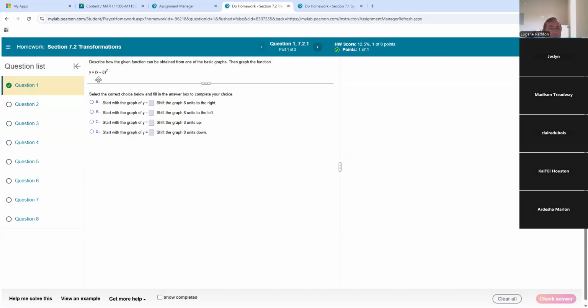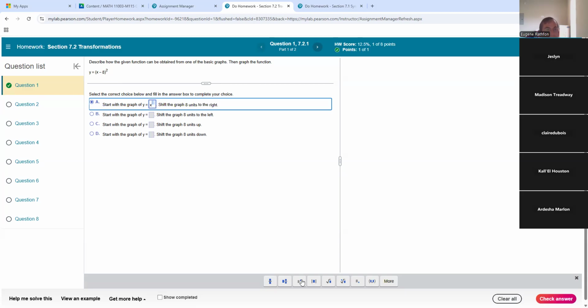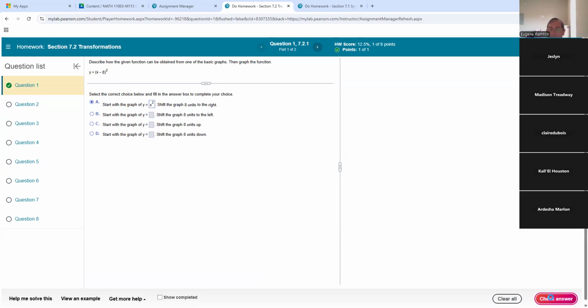Left, right, up, or down? Well, we said if it was inside the parentheses and it was negative, that's going to move me to the right. So I'm going to pick A that says shifted 8 units to the right. And I got an exponent of 2, so that's still going to be my x squared graph. So x exponent 2. All right, so you have to check that answer.